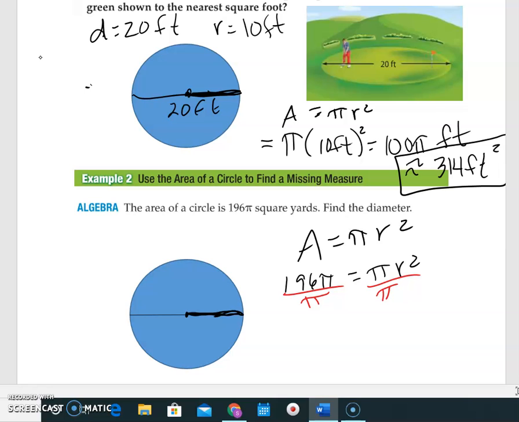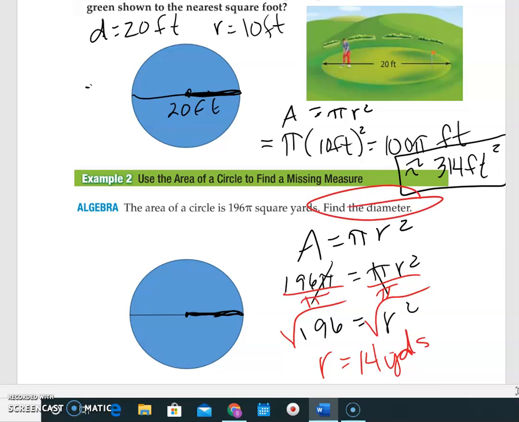And so that gives me that the radius squared is 196. If I take the square root of both sides, I get that the radius is 14. That's 14 yards. Now I didn't want the radius though, I wanted the diameter. So I need to take it times 2, because diameter is 2 times the radius. So 2 times 14 would be 28 yards. So that is the diameter of my circle.